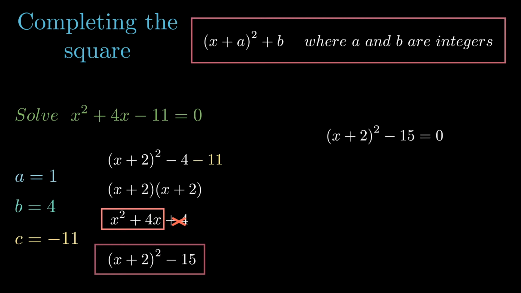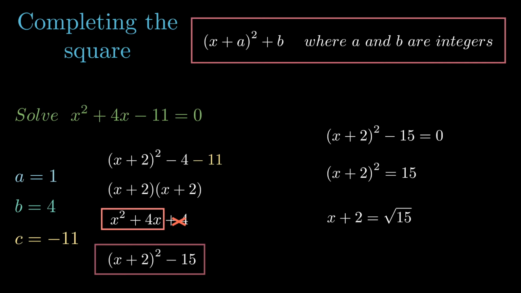To solve this, we must set it equal to 0. Now we rearrange this by adding 15 onto the right side, and when we do this, we have (x plus 2) squared equals 15. Now to get rid of the squared, we square root 15. So now we're just left with x plus 2 equals square root of 15.